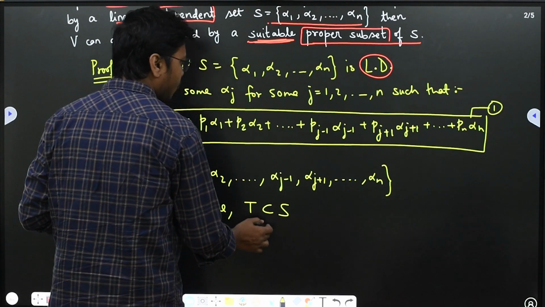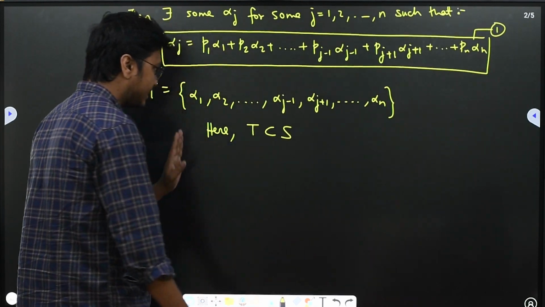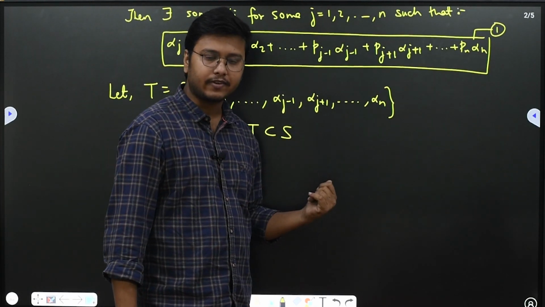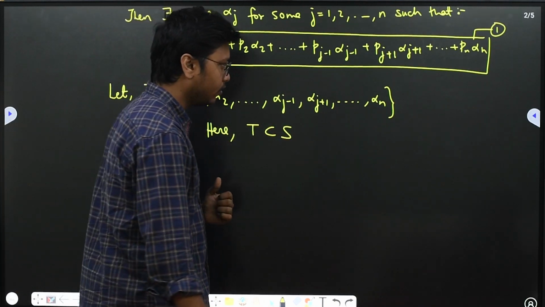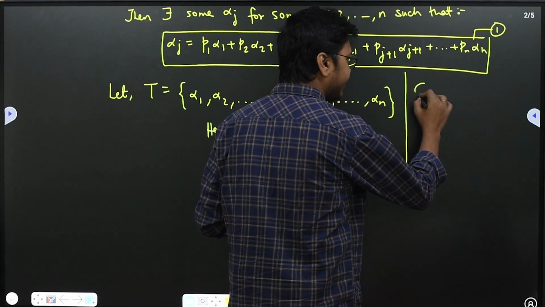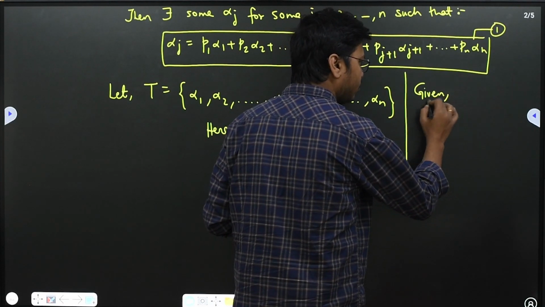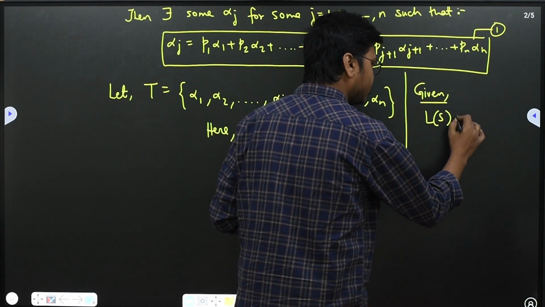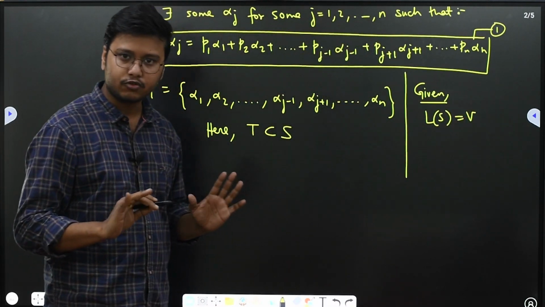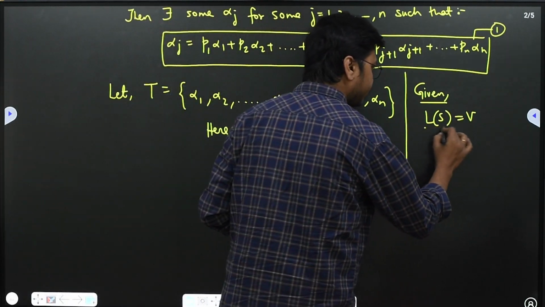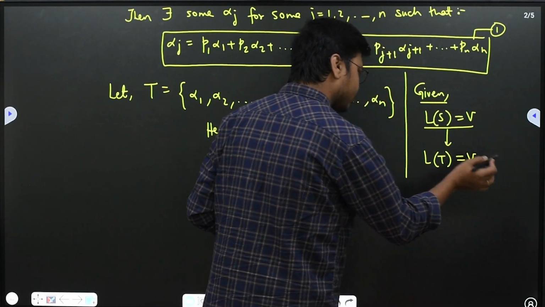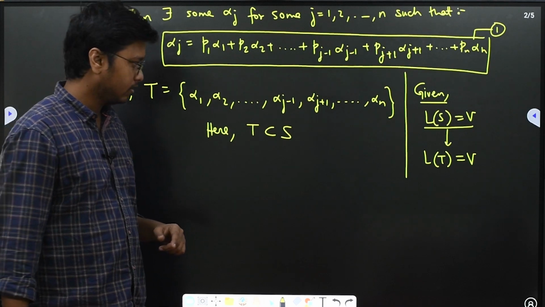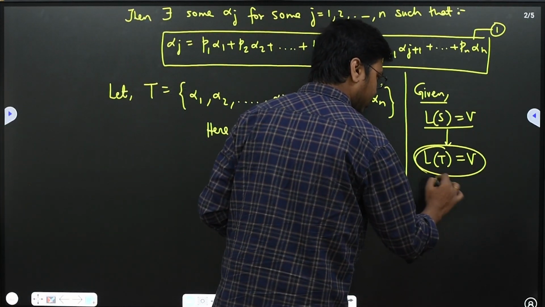Now we want to show that this T set, which is a proper subset of S, also generates the vector space V. It is already known to us that S is generating the vector space V. Now with the help of this, we want to show that the proper subset T is also generating the vector space V.